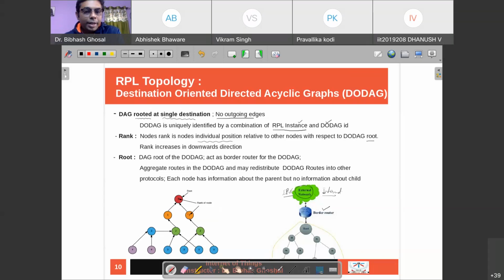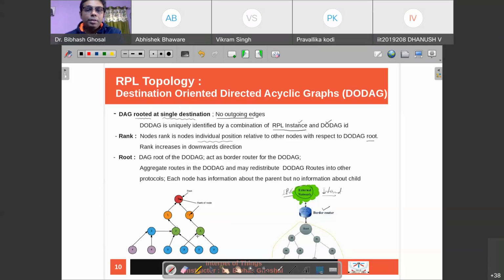I can also have a connection from here to here. In that case, this node will have a rank 3 as well as a rank 1 because it gets directly connected to the root. So depending on the particular level in this graph, it will have a rank. Rank 1, and these are rank 2 because they are transferring data to nodes which are at rank 1, which in turn transfer the data to the rank 0 node, which is the root.